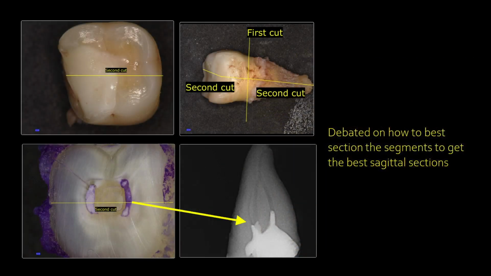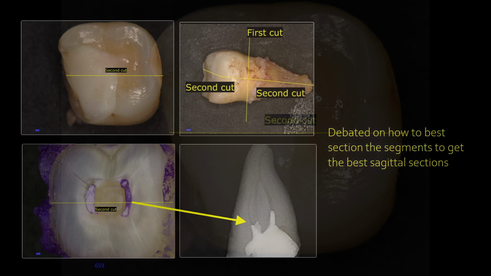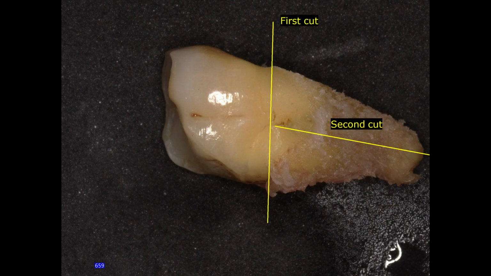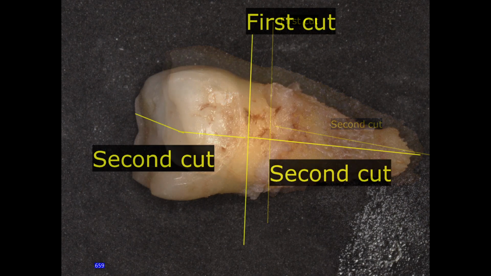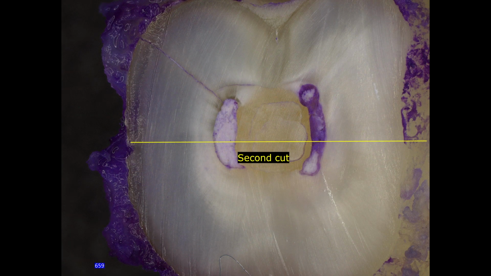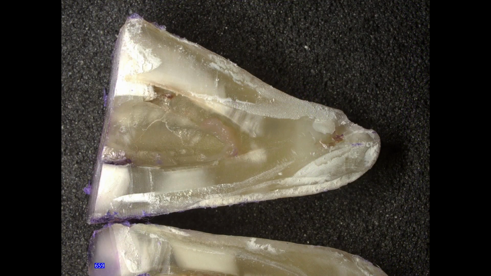But it's important to understand how the tooth was sectioned to really interpret the imaging correctly. So the second cut I made was in a mesial distal direction, and then attempted to split this tooth sagittally and get 2 sections of it. So if you can imagine how this tooth was split.